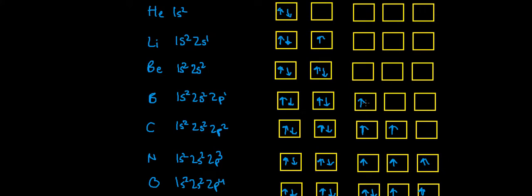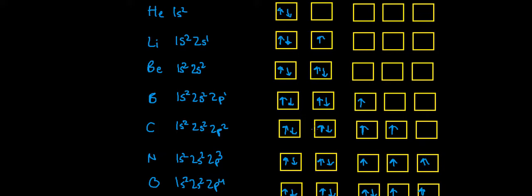Next I get to carbon, and now I have a decision to make. Do I continue to add them to the same orbital, or do I add them to different orbitals? And the answer is to add them to different orbitals. If we just think about it logically, electrons have the same charge, so they're going to want to spread themselves out as much as possible.